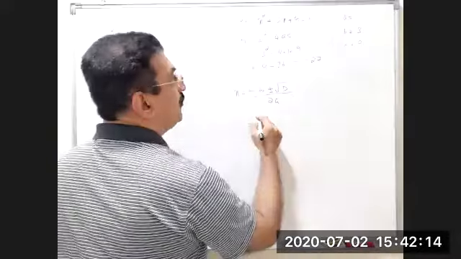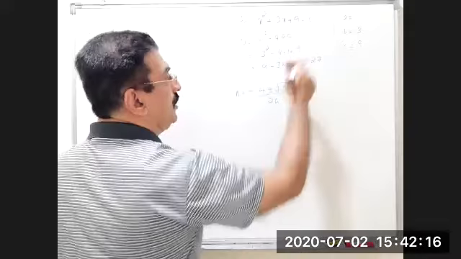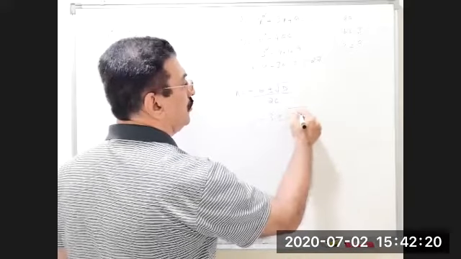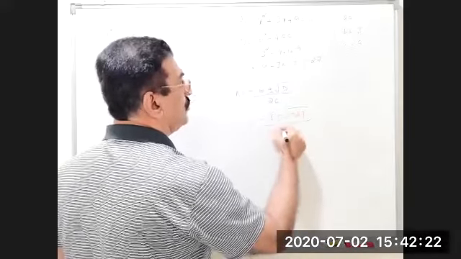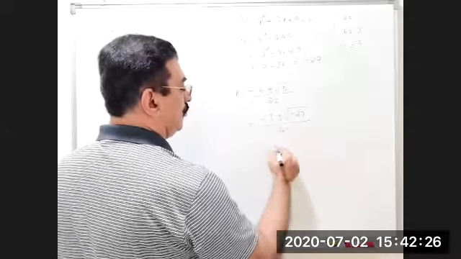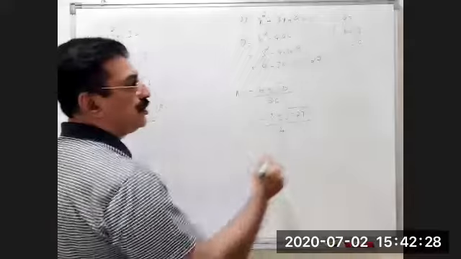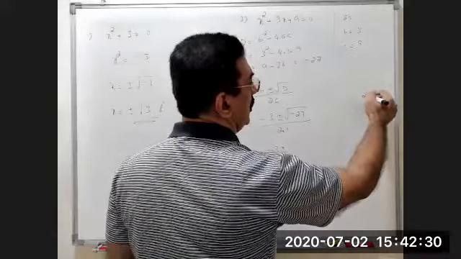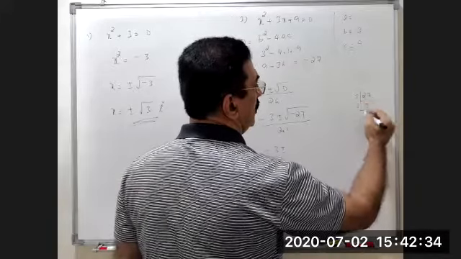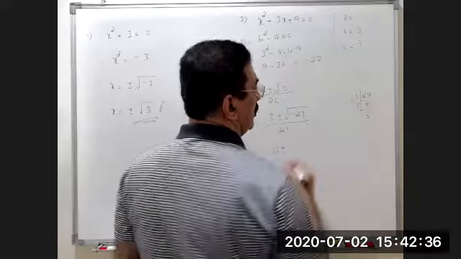Minus b is minus 3, plus or minus root of minus 27, by 2 into a, which is 1. Minus 3 plus or minus root 27. See, finding root of 27: 9 times 3, so this is 3 root 3.